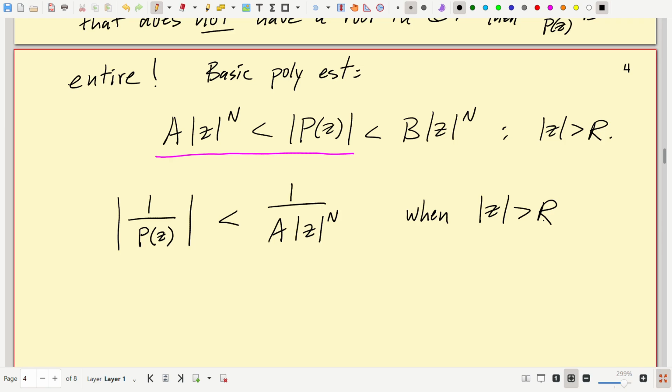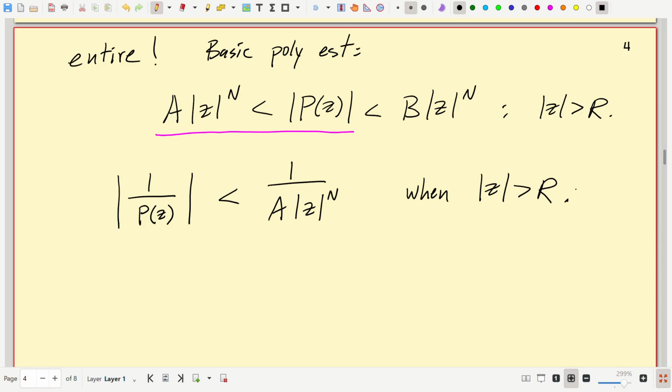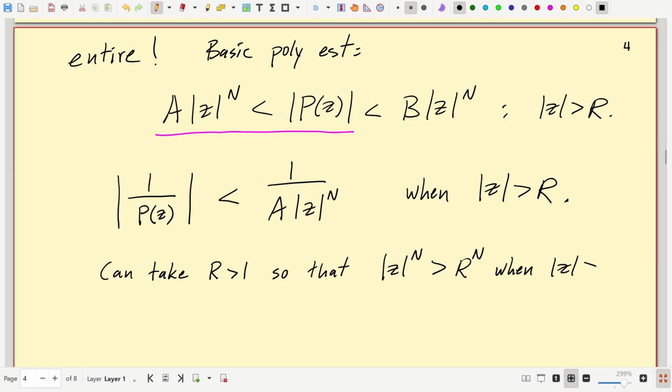Well, I can assume that R is bigger than 1. I can take that R to be as big as I want. That way, mod z to the n would be even bigger than R to the n, so 1 over it is smaller. So I can take R bigger than 1 so that mod z to the n is bigger than R to the n when mod z is bigger than R.